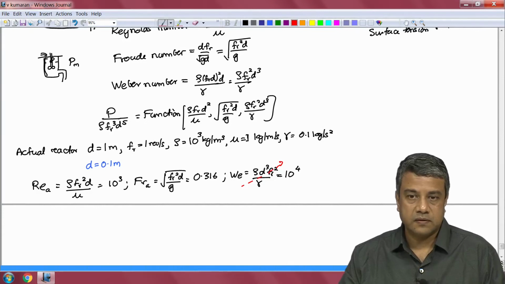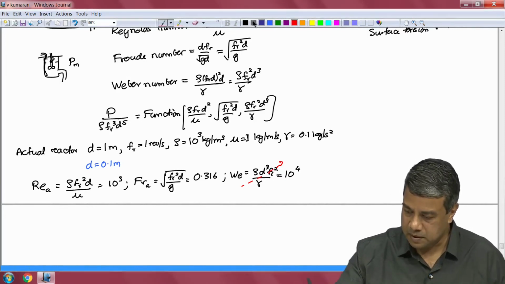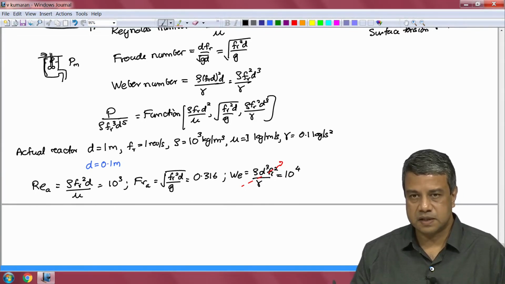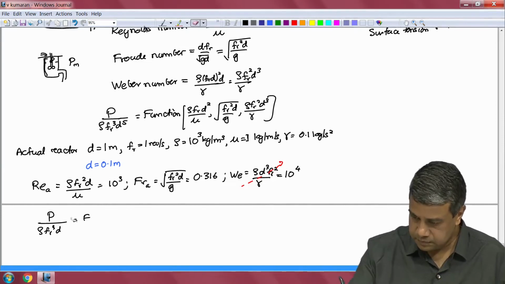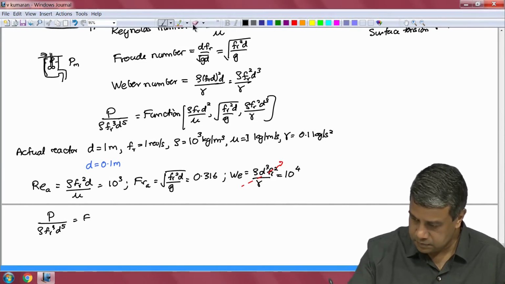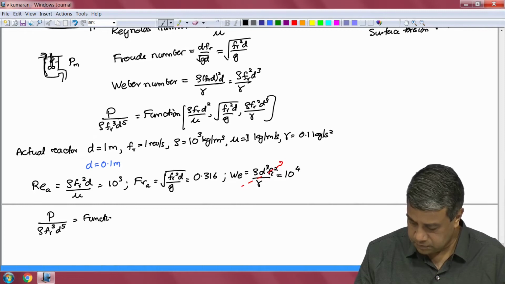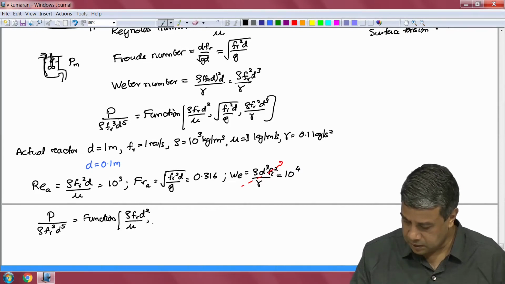So, therefore, I have to retain the Reynolds number also as a relevant parameter, and my power number, now simplified for this particular problem where I have neglected surface tension because it is a small effect, is equal to a function of rho f r d square by mu and root of f r square d by g.